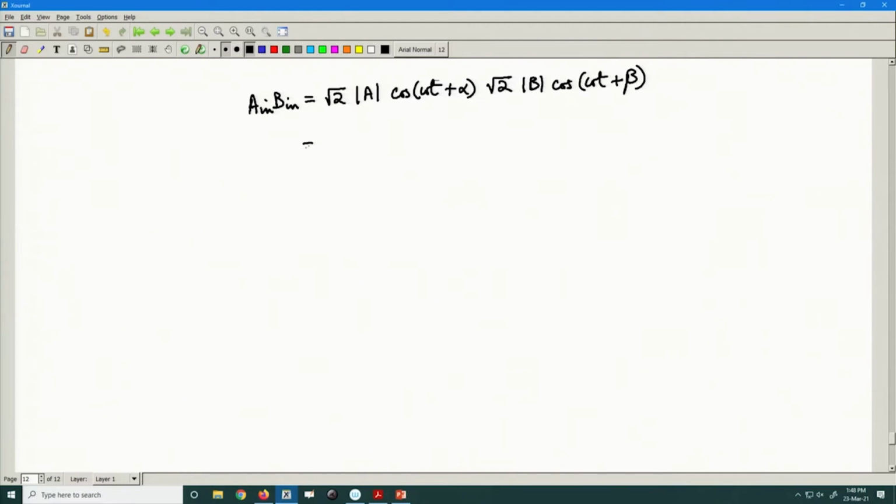So, using the cosine rule, simply we can write this as mod A mod B times cos alpha minus beta plus cos 2 omega t plus alpha plus beta. So, we call this 34.